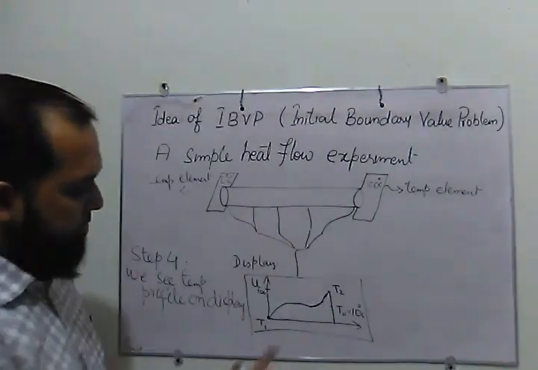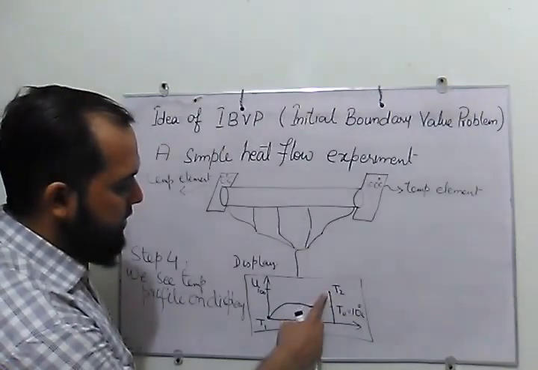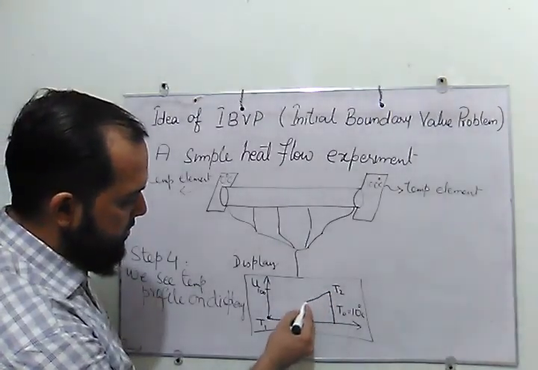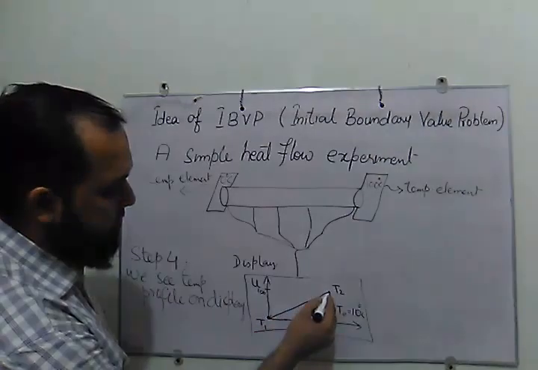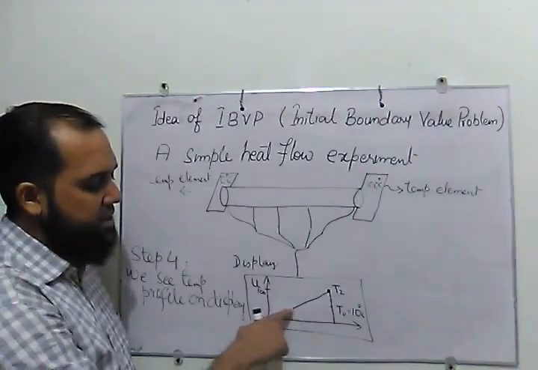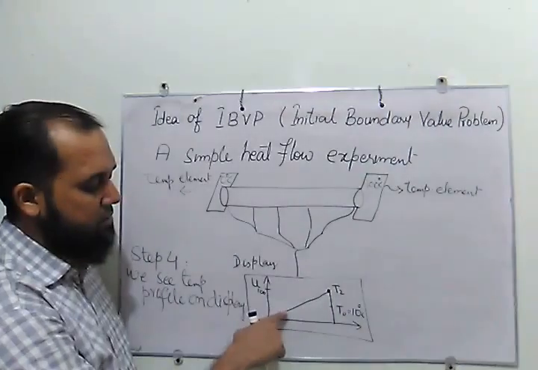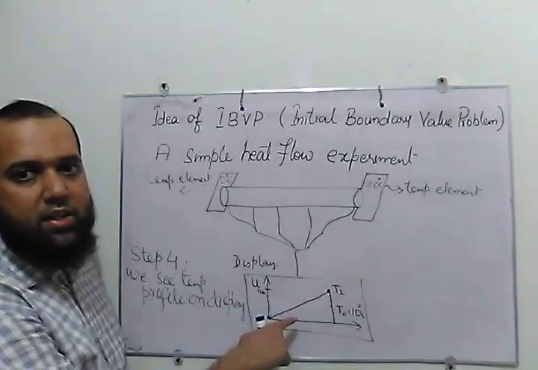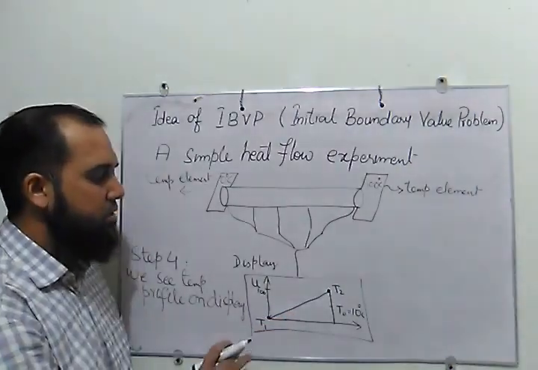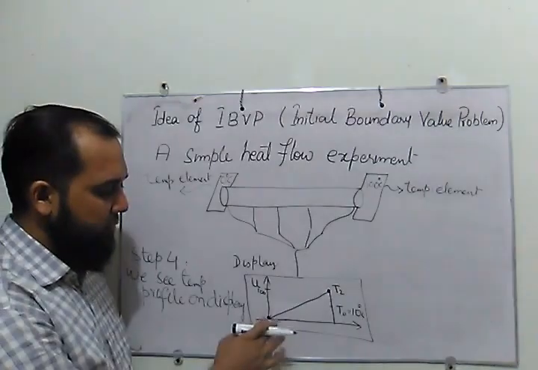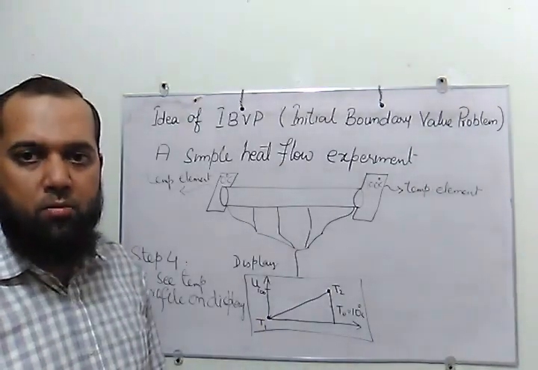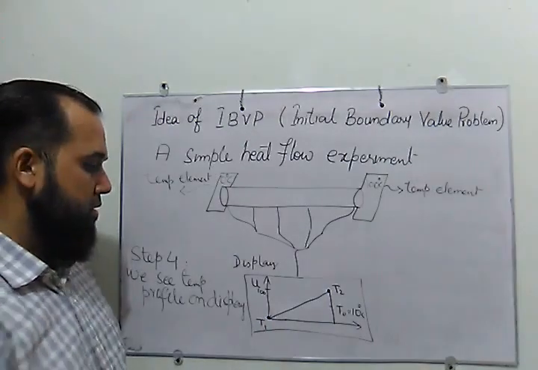After a very long time, we will see that the temperature will be like this, because we have fixed the ends, but we did not fix the temperature in between. It was initially 10 degrees centigrade, but later on, when we let it go for a very long time, the temperature distributed uniformly along the whole rod.